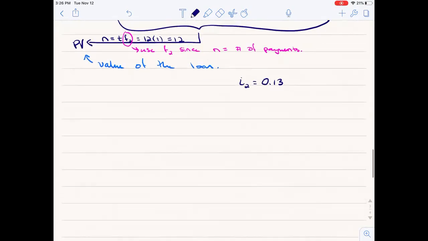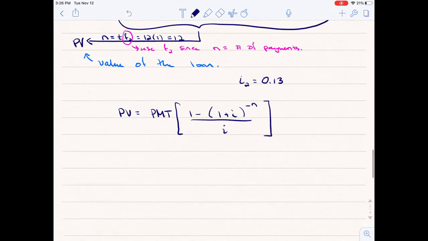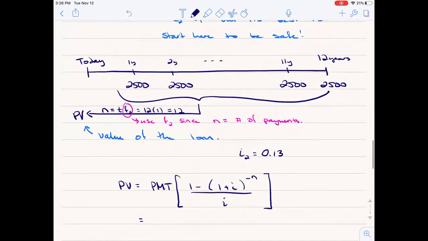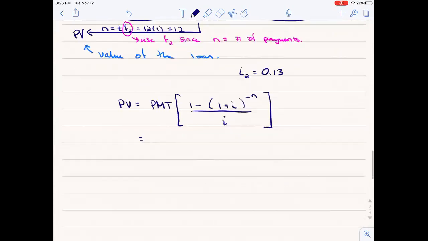So we use the present value formula: PV is the PMT times 1 minus 1 plus I to the negative n, all over I. PMT is that regular payment amount of $2,500.